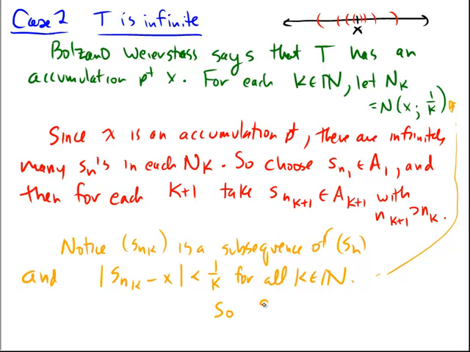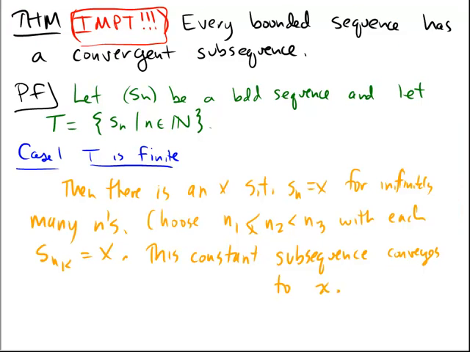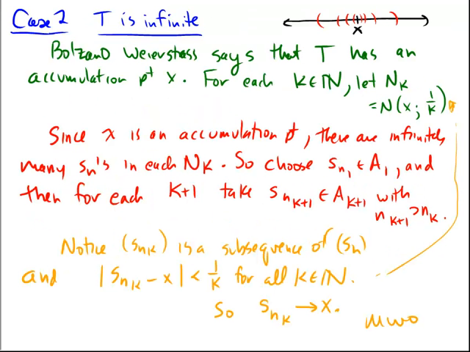So what does that mean? That means that s_{n_k} is going to be a convergent subsequence, and it's going to converge to x, and that's BW. So remember, the statement of this is that every single bounded sequence always has a convergent subsequence.